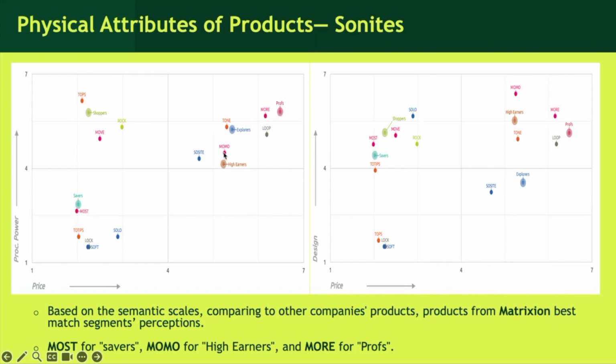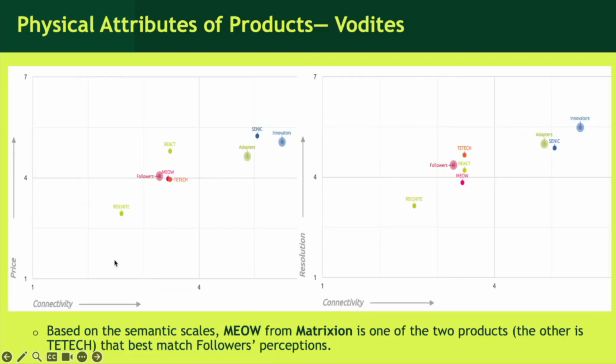Maxon, Momo, play very well: Maxon is liked the most by Savers, More by Professionals, and Momo by High Earners is better than other companies' products. And for Waldet, Miao is one of the 2 best products for the Follower segment.